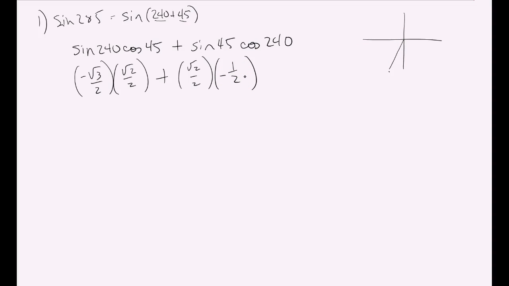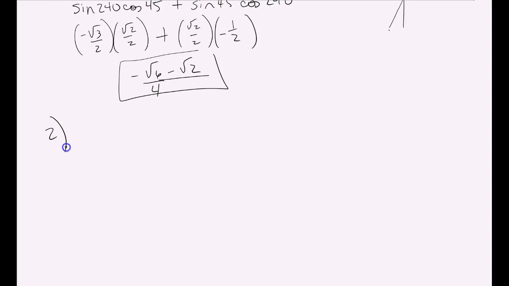Okay, so it's going to look something like that, and from here we multiply. Negative root 6 over 4, and then that will be a negative root 2 over 4. So your final answer should look like that.